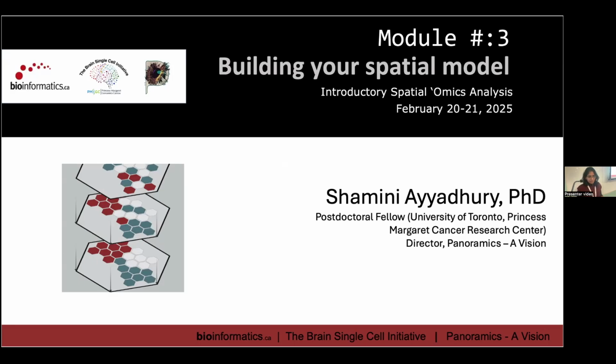And then after that, you really want to get on with your analysis. So you want to start to run methods that will help you understand biology. One of the tools that you will commonly use is really trying to build your spatial model. That is why everyone wants to do spatial analysis, because you want to see the context of it.